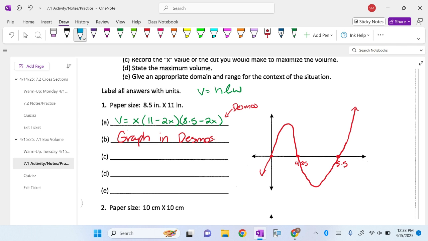We only care about this part right here. Why do I only care about that particular peak right there? Because it contains the maximum. We only want the peak that contains the maximum. What is that maximum? What does Desmos tell us?